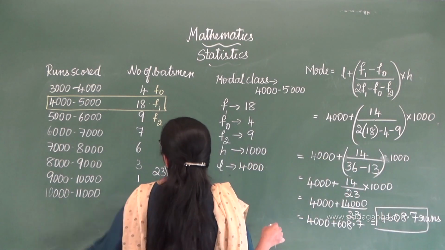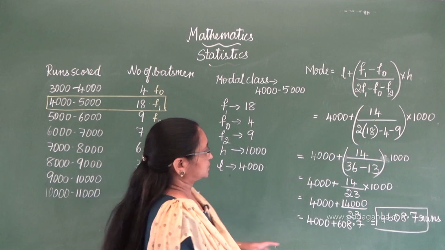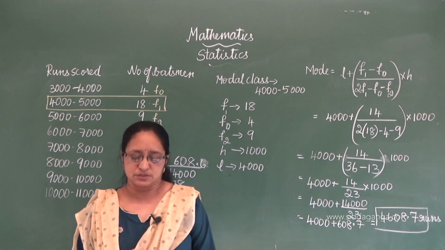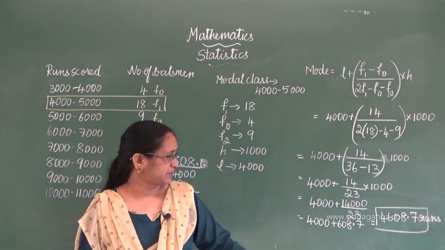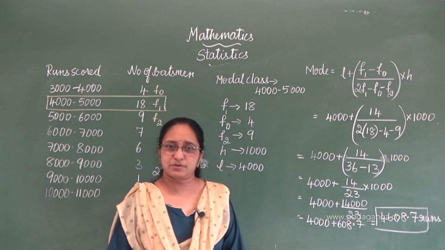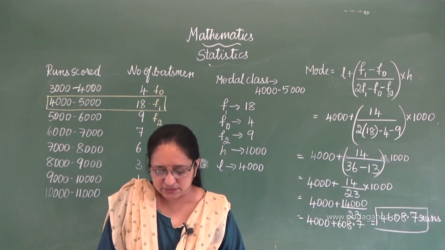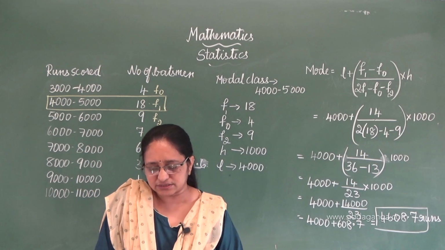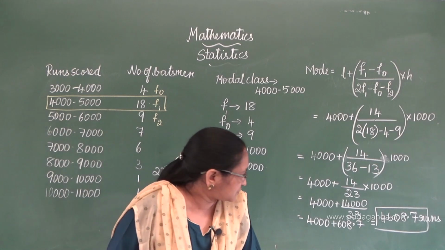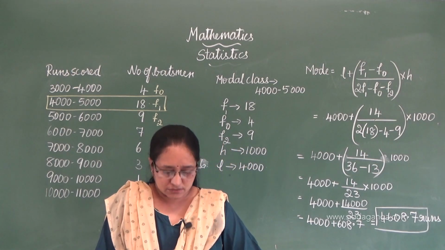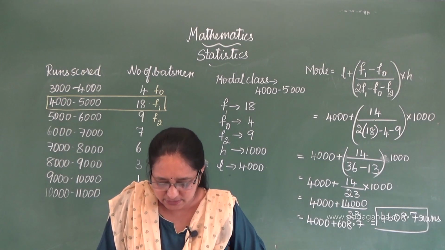Runs, because this is runs scored. So this is the mode, approximate, we can say. So hence the mode of the data is 4608.7 runs. Okay, I hope it is clear.